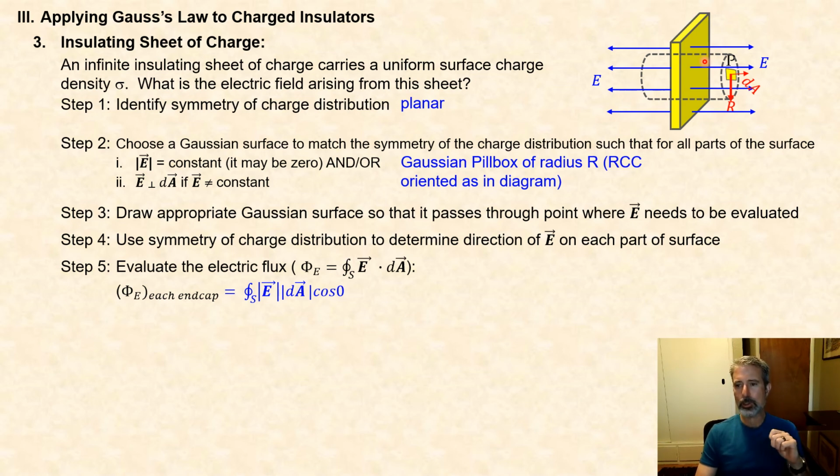So this is how we use symmetry to facilitate the calculations. For this end cap, at this distance, all points have the same magnitude of field. That means it can be taken out of the surface integral.